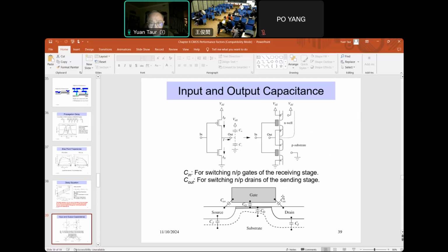Okay, and then C out is associated with the drain of the sending, switching stage. So drain capacitance, the junction capacitance, and also overlap capacitance, and there's some channel capacitance as well.